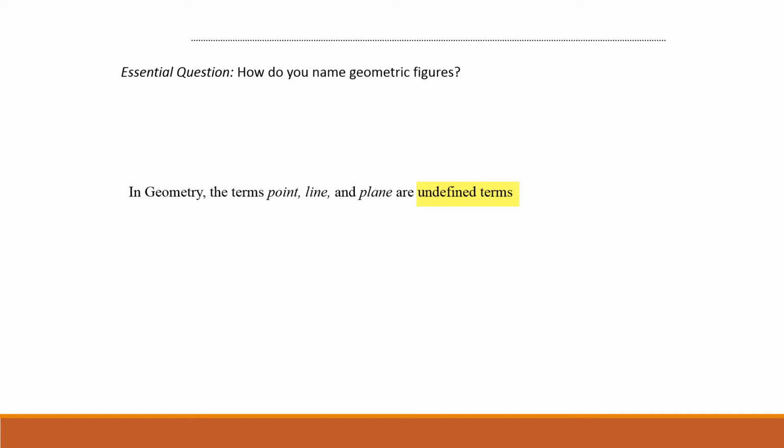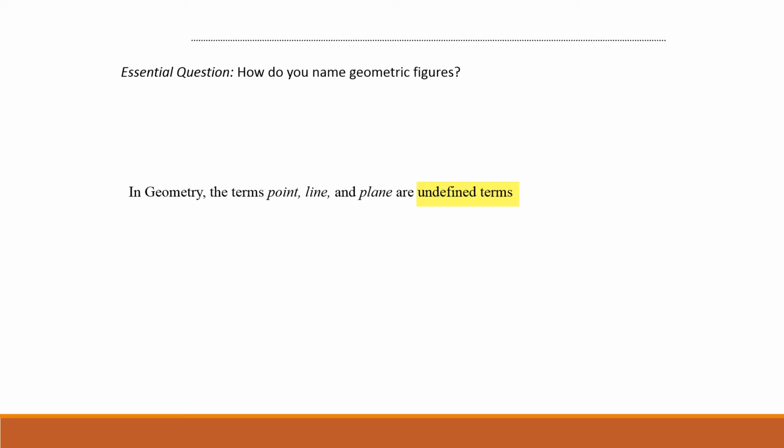Well, in geometry, the terms point, line, and plane are known as undefined terms. Now, the reason why they're called undefined terms is because they have no shape. They have no size. We don't really know what they look like. We determine that they look like this, but they really are not.